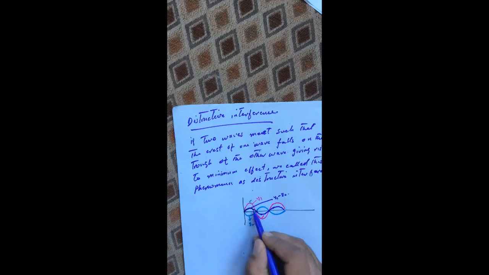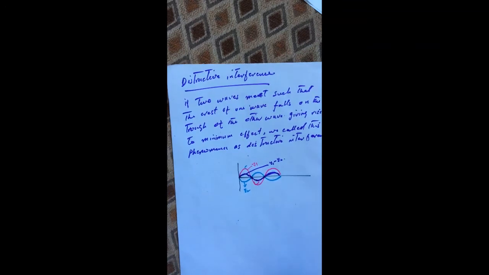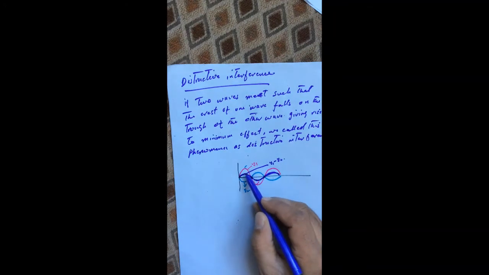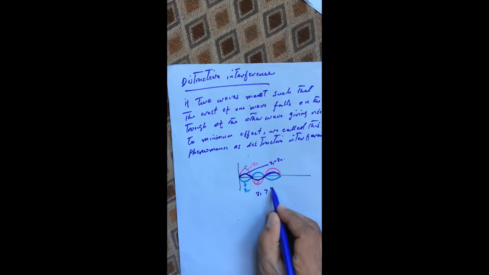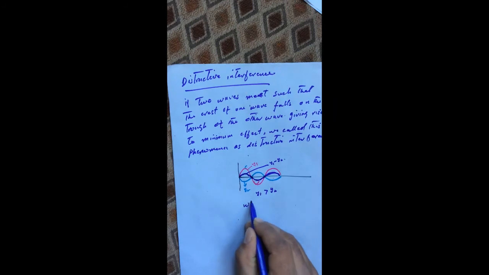So the resultant wave amplitude is smaller than the amplitude of the individual waves. Now if you look here, the amplitude of wave 1, which is y1, is greater than the amplitude of y2.